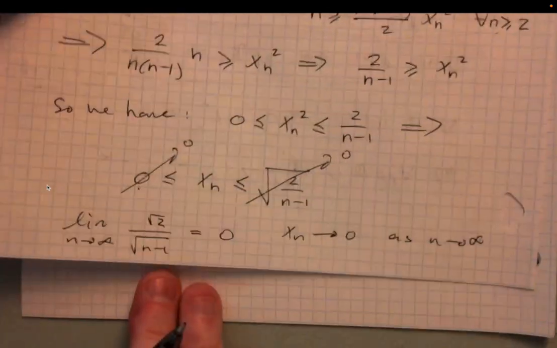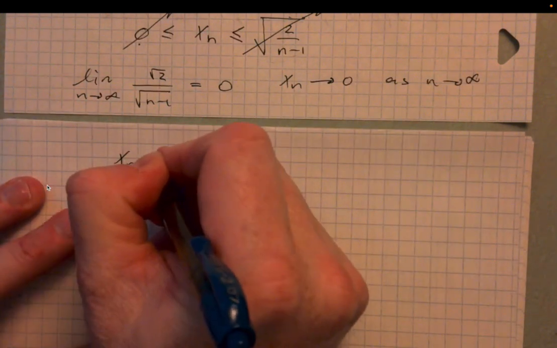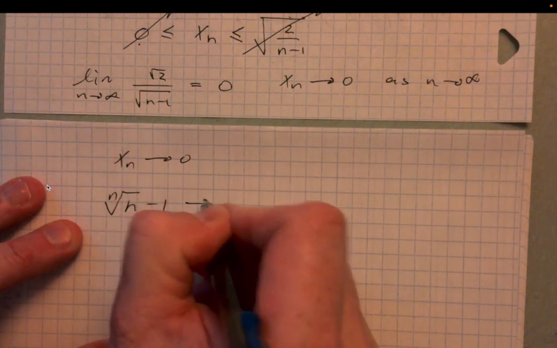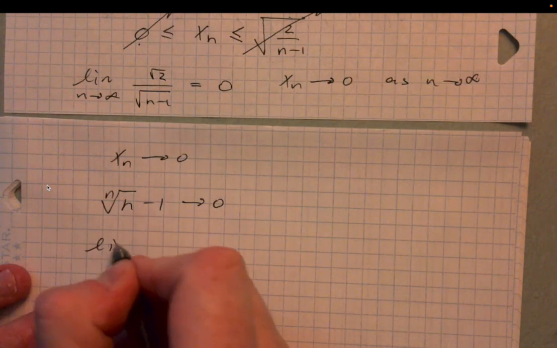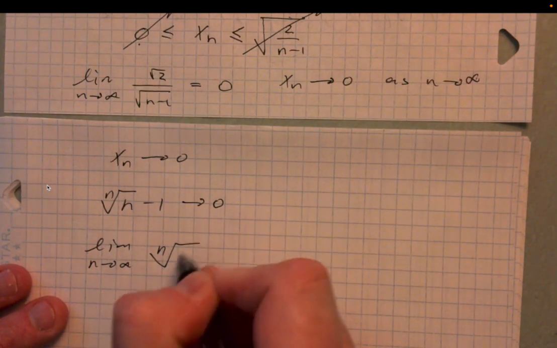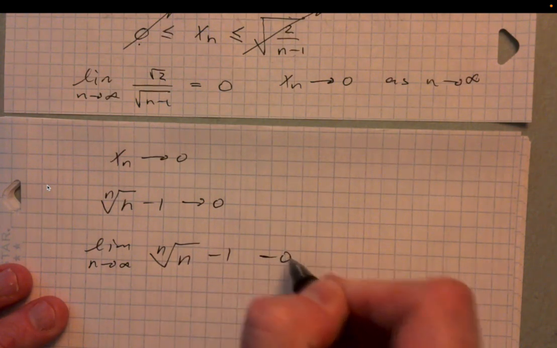And what was x sub n, remember? x sub n goes to 0. That means the nth root of n, minus 1, goes to 0. And so that's like saying that the limit as n goes to infinity of the nth root of n minus 1 equals 0.